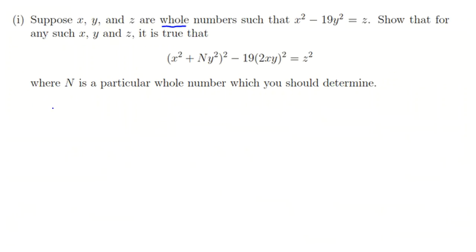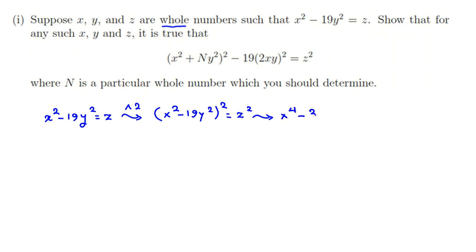Okay, let's start. We know x squared minus 19y squared equals z, but here it's z squared, so if we raise to the power of 2, x squared minus 19y squared, squared, equals z squared. Now expand the left hand side. It is x to the 4 minus 38 x squared y squared plus 361 y to the 4 equals z squared.